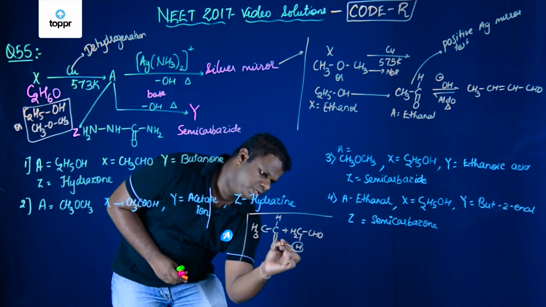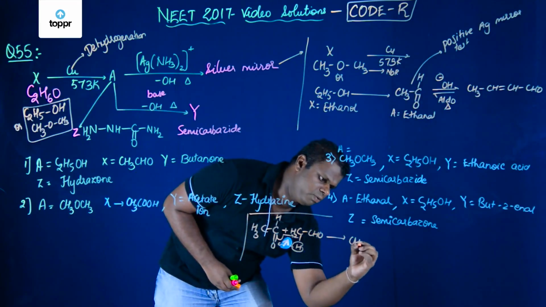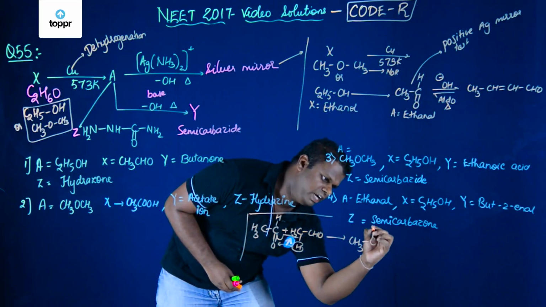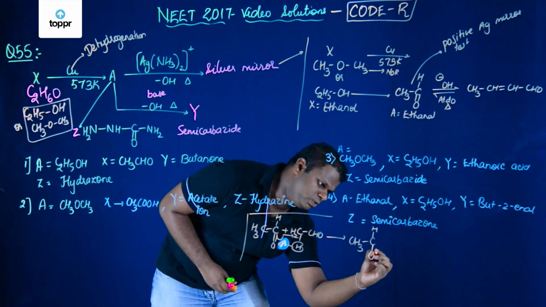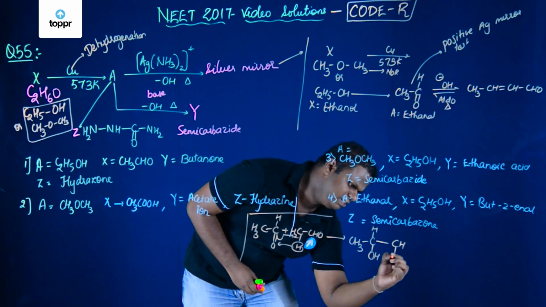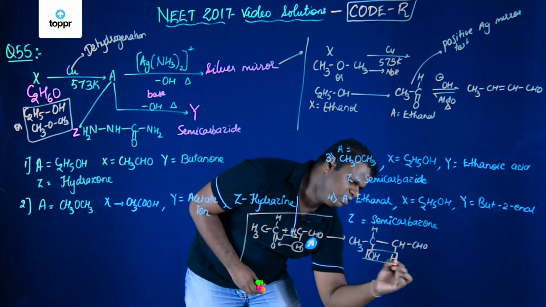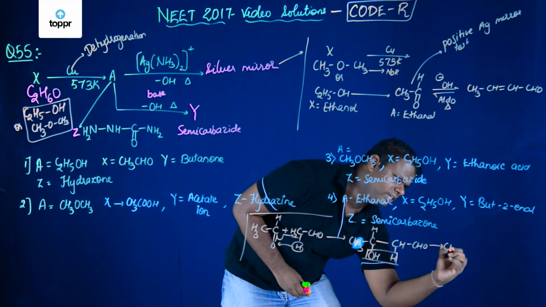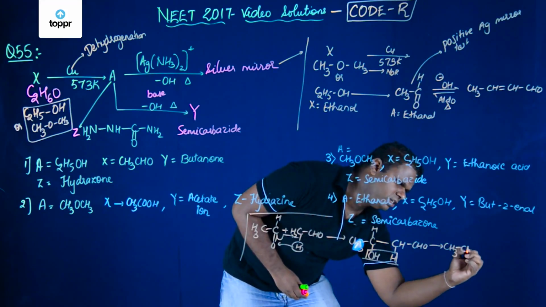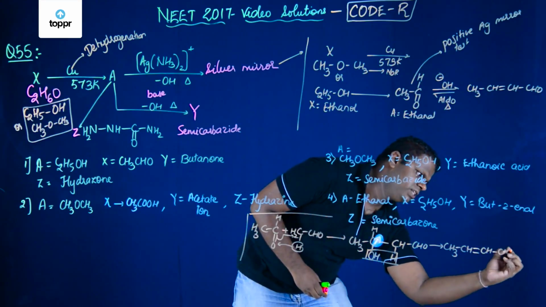This hydrogen goes here, a double bond becomes single bond, and then finally you'll be left with CH3CH, and then there is an OH over here, and then you have a CH2, and then CHO. Now this would undergo dehydration, and that's how you get CH3CH=CH-CHO.